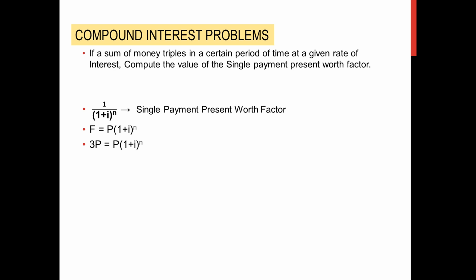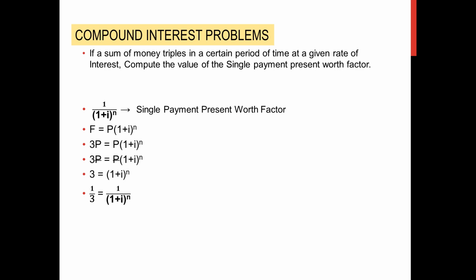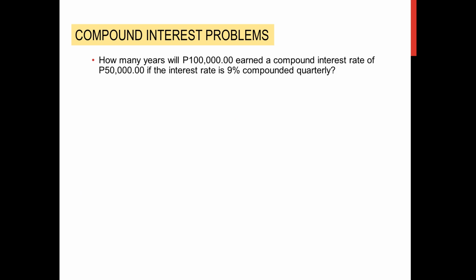So that could be expressed as 3P. Basically, we can cancel P on both sides of the equation, and then we come up with that expression. Of course, we are getting the single payment present worth factor, so we need to reciprocate everything. Okay, so the answer here is 1/3. Okay, so moving on to the next.